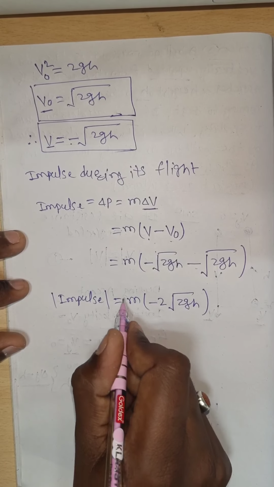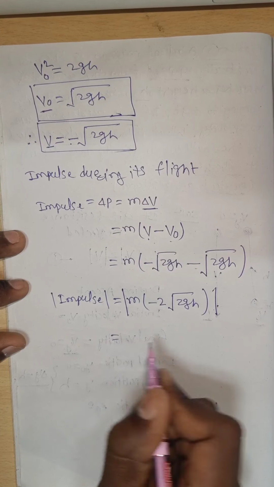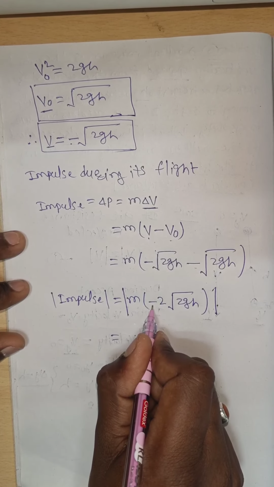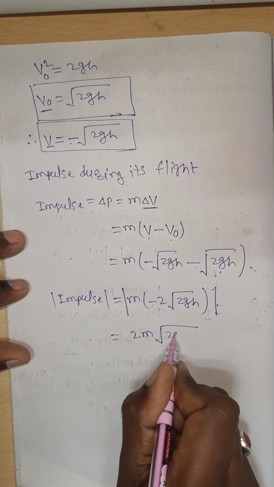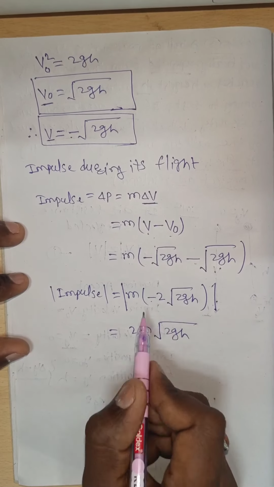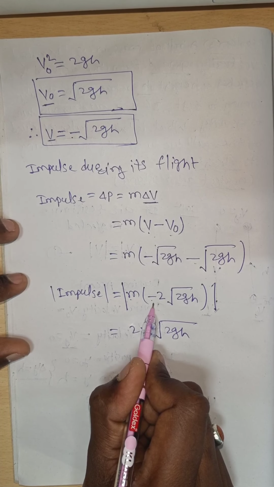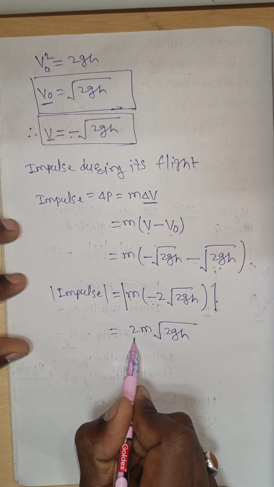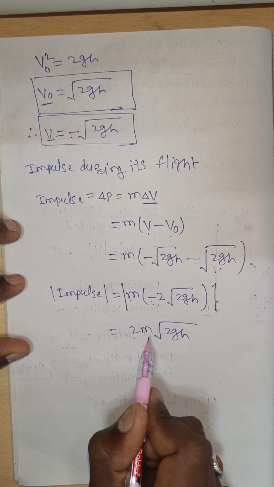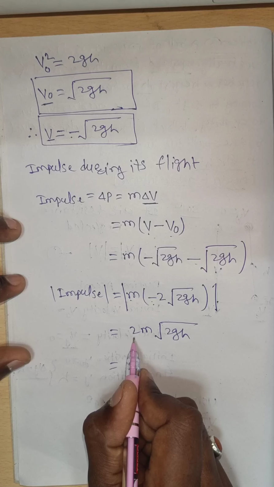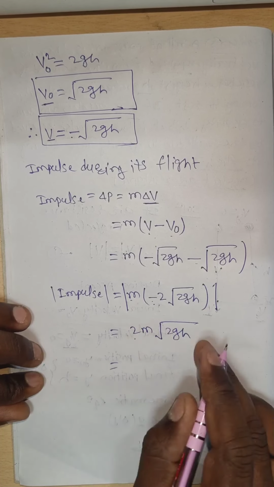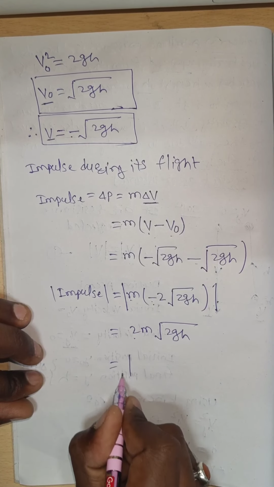If we take its magnitude, the minus becomes plus, therefore 2m under root 2gh. We have to take a positive value, that is 2m under root 2gh. Now we have to take this 2m inside the square root.